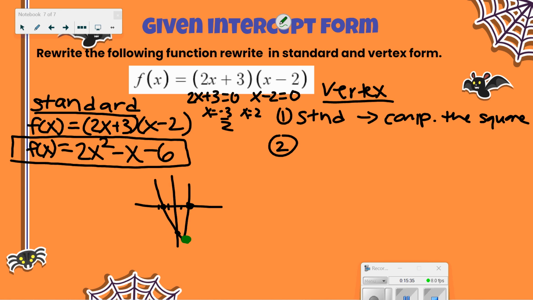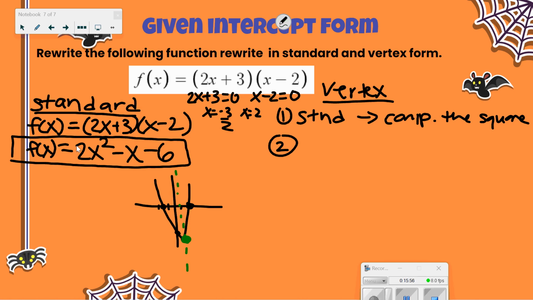What do you remember, Mithra? You can find the axis of symmetry. Great. If you find the axis of symmetry, that tells you the x value for your vertex. How can I find where that splits right down? Awesome.